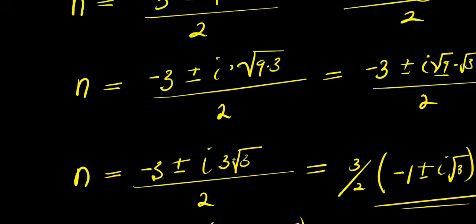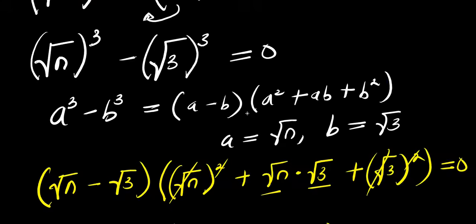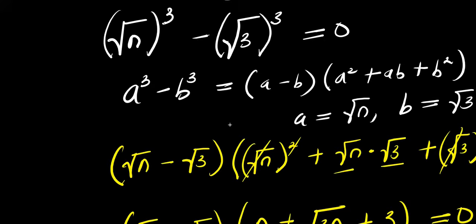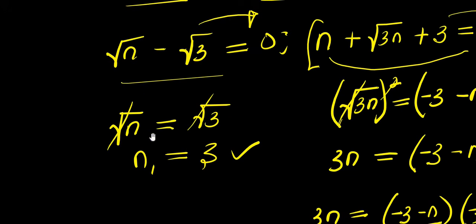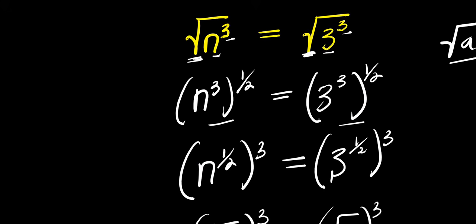You can check using the real value. Here the real value is 3. You can check using the real value by inserting 3 right here. It's definitely going to satisfy the equation.